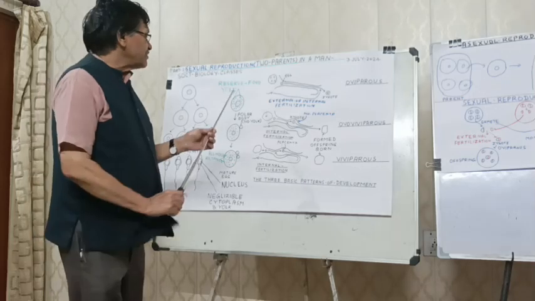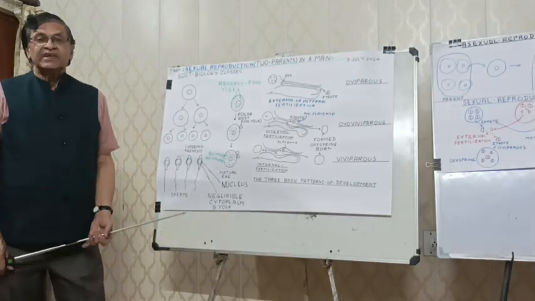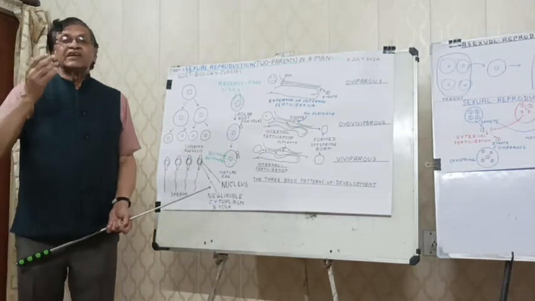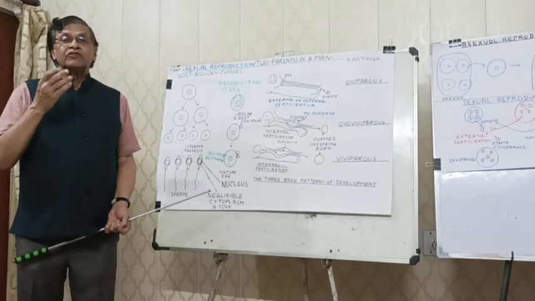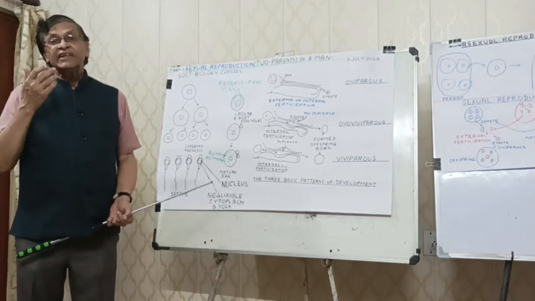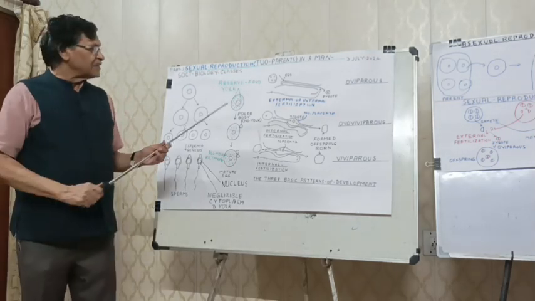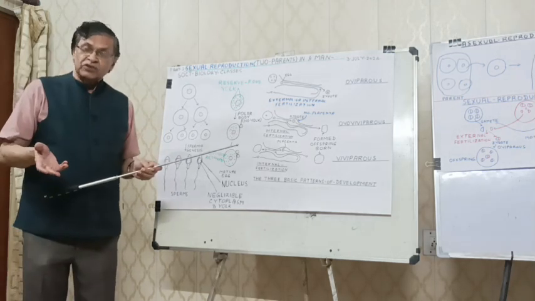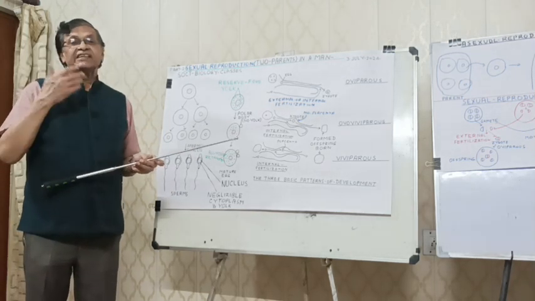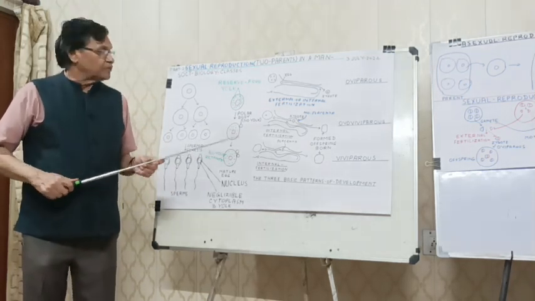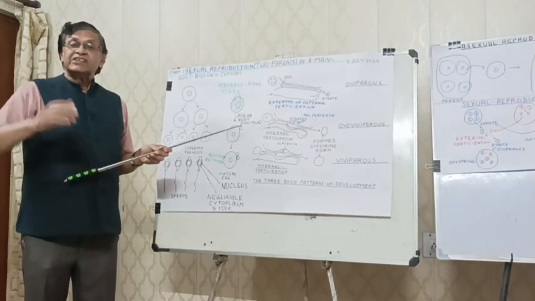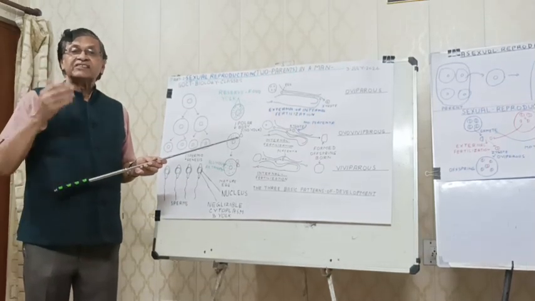But in the case of the female gamete, what happens? There is a need to retain much more reserve food material for the developing embryo. So what happens here? Of course, there is meiosis, first and second meiotic division, but the yolk is protected, saved.